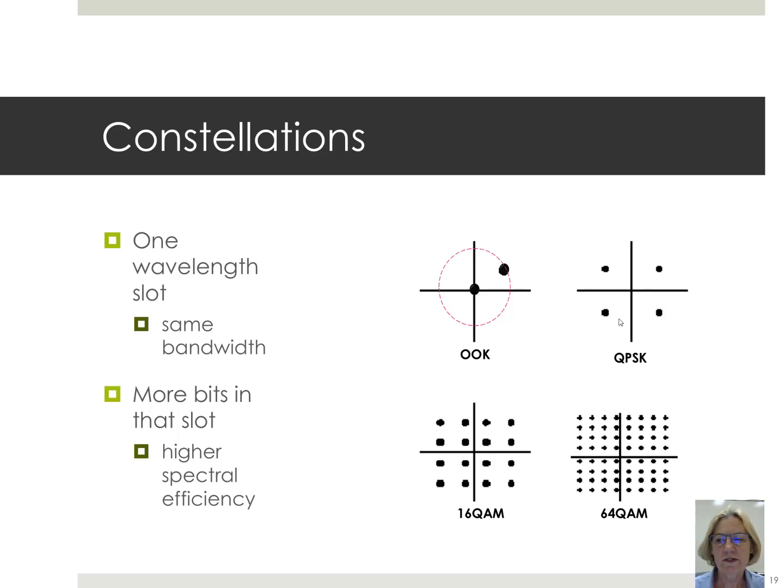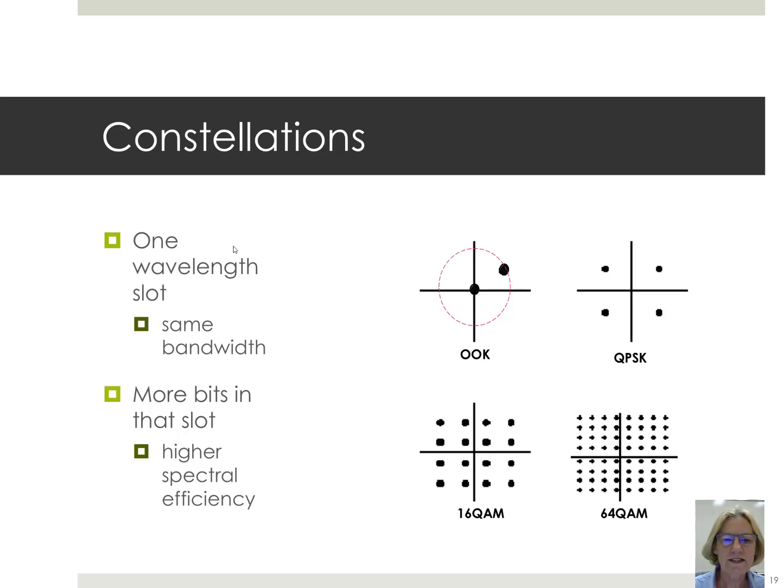Here it was just the phase that was changing, but if I change both phase and amplitude, I can create a two-dimensional geometry of any kind and use that as my strategy for sending more information in the same time slot, and of course in the same time interval.